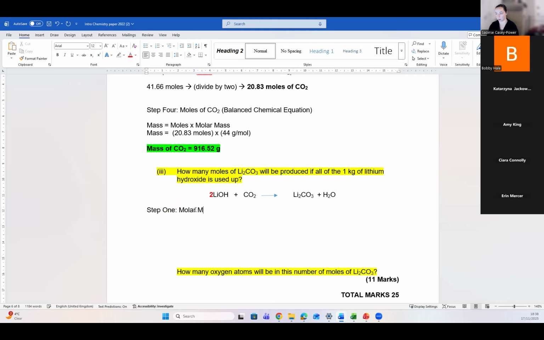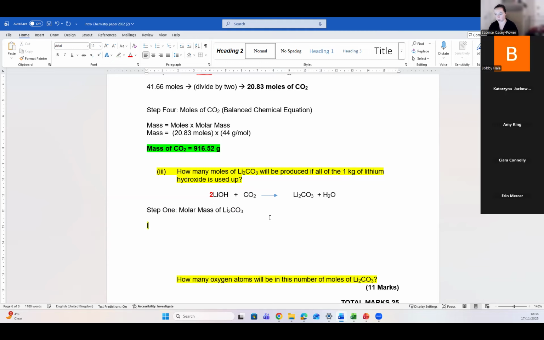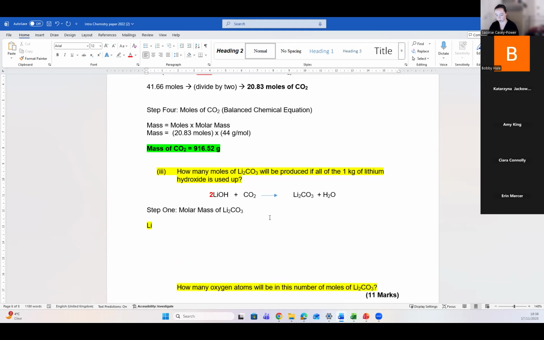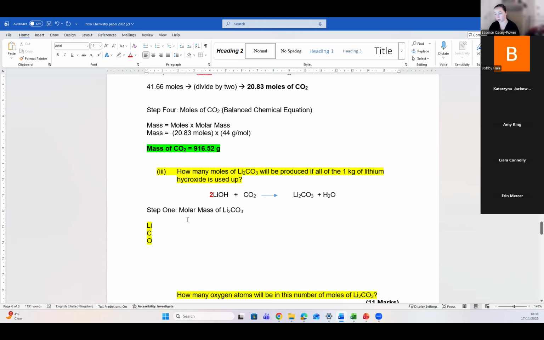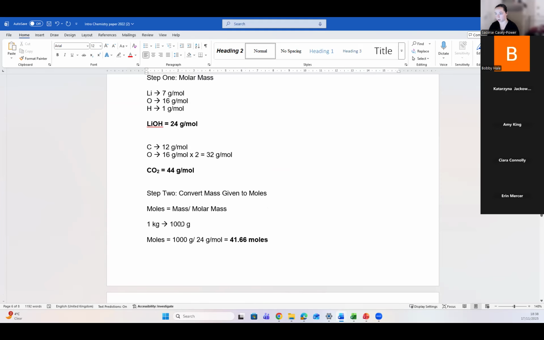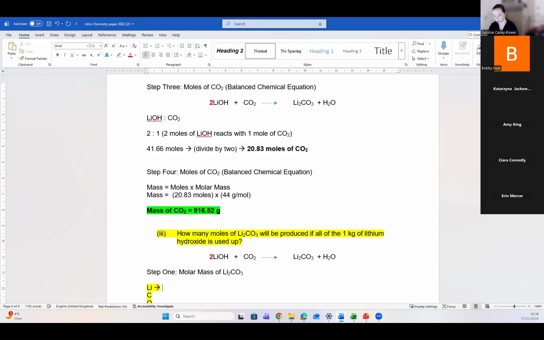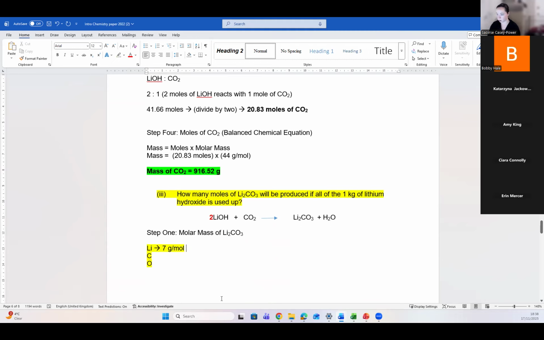So we'll have the molar mass, and in this case, it's going to be Li2CO3. So we're looking at our product now. We have lithium, carbon, and oxygen. Our lithium is 7 grams per mole, multiplied by 2 because we have 2 atoms of lithium here.